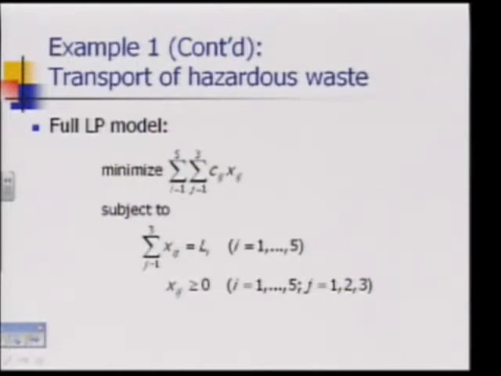And this 3 and 5, these are arbitrary. Basically, you can have maybe 10 processing plants and maybe 15 production plants, and the problem will have a very similar structure. Okay, any questions?